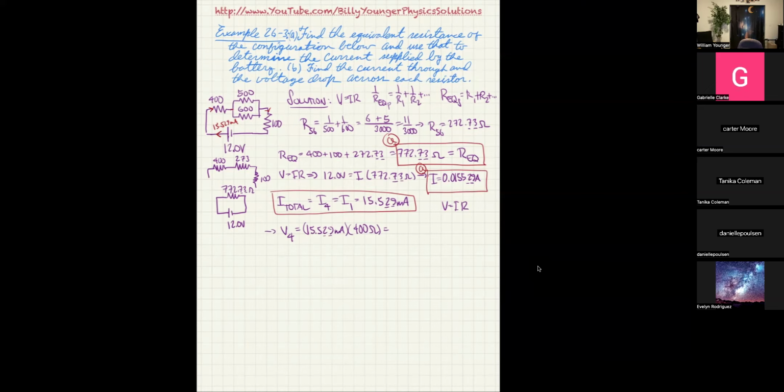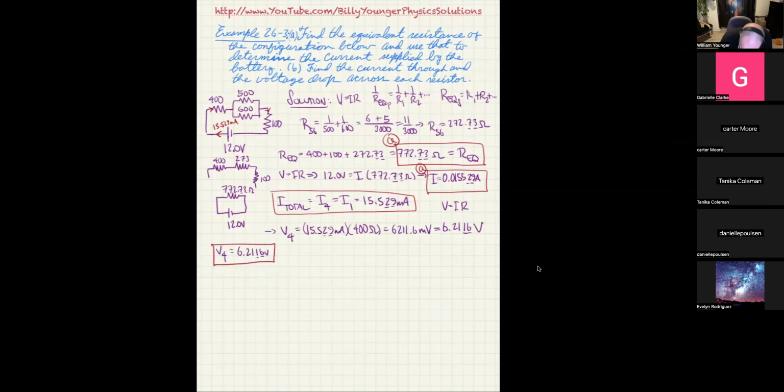Since I'm multiplying by milli, that actually gives me milli. So this is 6,211.6, and that would technically be millivolts, which obviously we don't want. So it's going to be 6.2116 volts, again with 2 extra digits. So we now know that V4 is equal to 6.2116 volts.